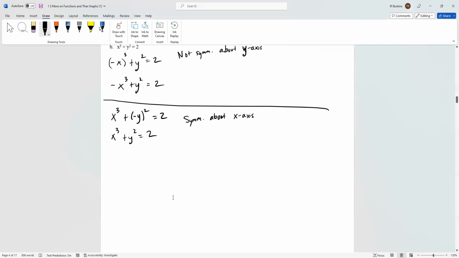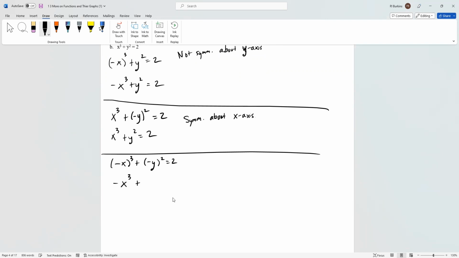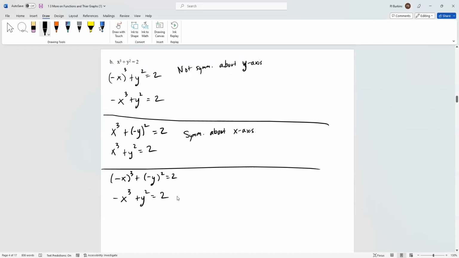And then we would want to test the origin as well. So we're going to plug in a negative x and a negative y at the same time. This is going to give us minus x cubed plus y squared equals 2. That is not equivalent to the original. So this is not symmetric about the origin.